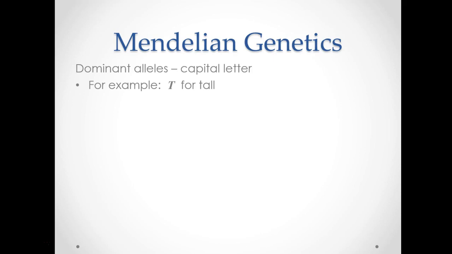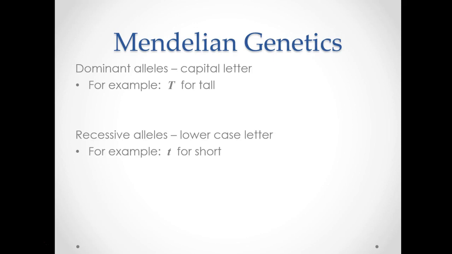Okay, so for example, in pea plants, being a tall pea plant is a dominant trait. So we use a capital letter T to mean tall. If you aren't tall, if you are a short pea plant, then you don't have that capital T allele. You have a lowercase t allele instead. So we use a little shorthand with letters.